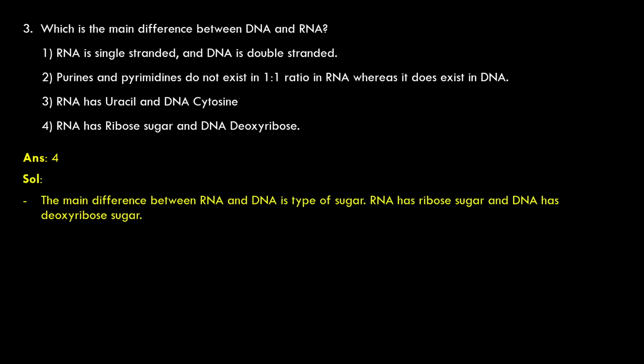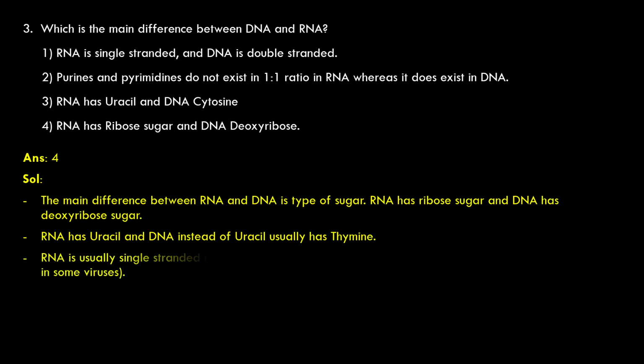Fourth one. The main difference between RNA and DNA is the type of sugar. RNA has ribose sugar and DNA has deoxyribose sugar. RNA has uracil and DNA instead of uracil usually has thymine. But there are certain DNA viruses where uracil may be present, such as PBS1 and PBS2 viruses.